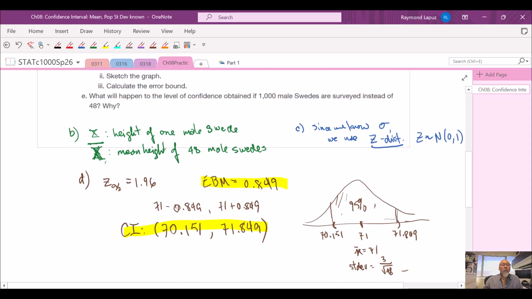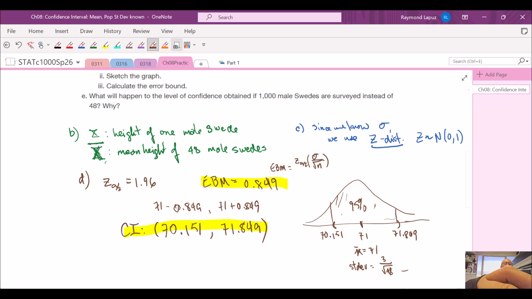And then part E, what will happen to the level of confidence obtained if 1,000 male Swedes were surveyed instead of 48? So if we take a look at all the numbers that will change, I'm sorry I didn't put down the formula, but let's put down the EBM formula. This is going to be Z sub alpha over 2 times sigma divided by square root of n.